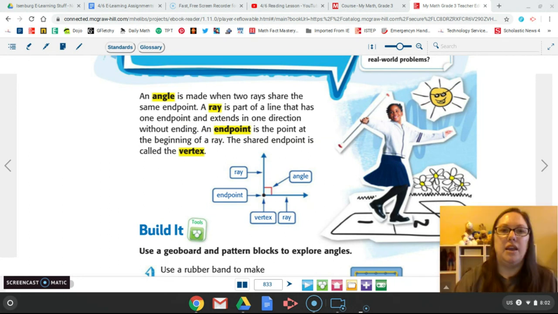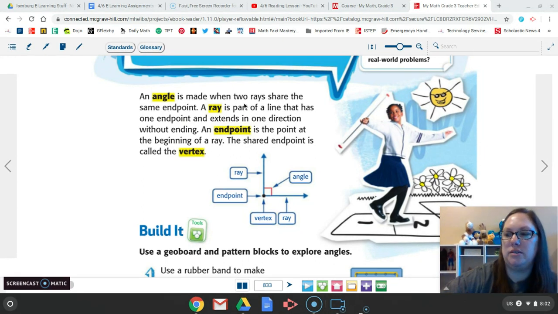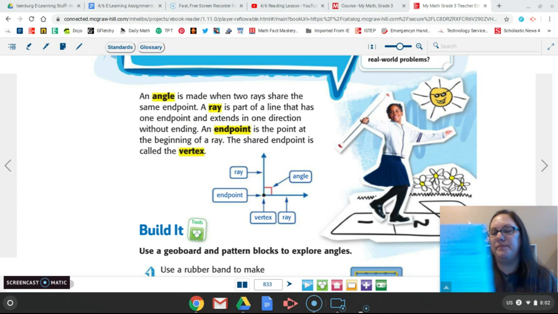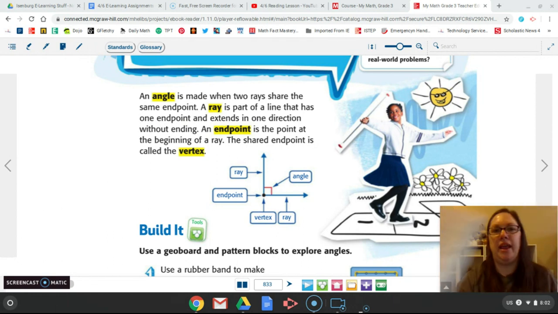Okay, and you can write down the description that's right here. 2 rays with same endpoint. Okay, write that in your notebook. 2 rays with the same endpoint make an angle.